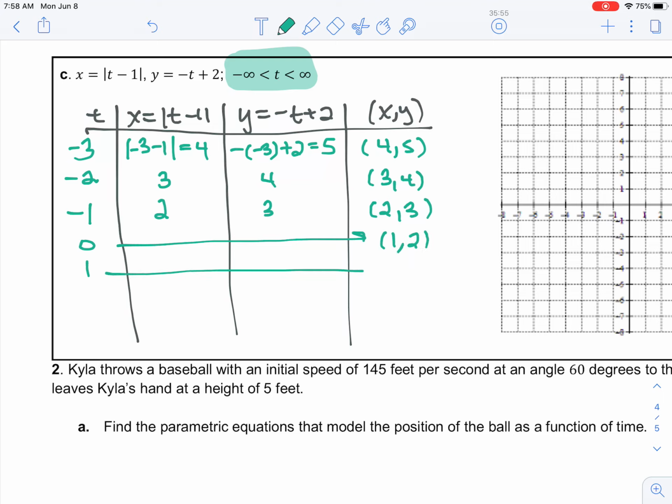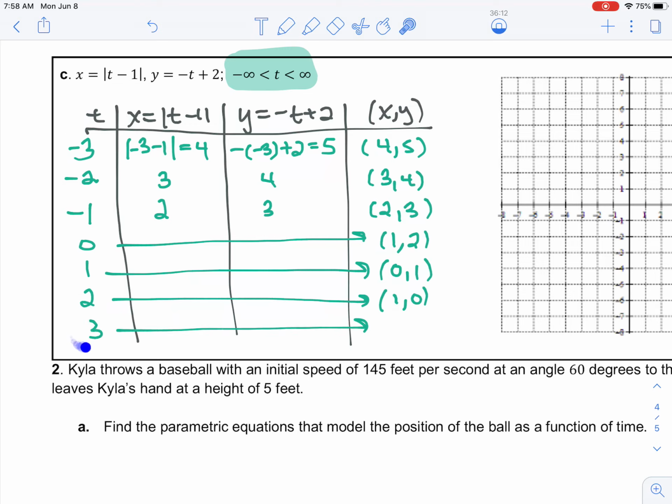And then plugging in 1 to both of our x and y equations, we get the point 0, 1.